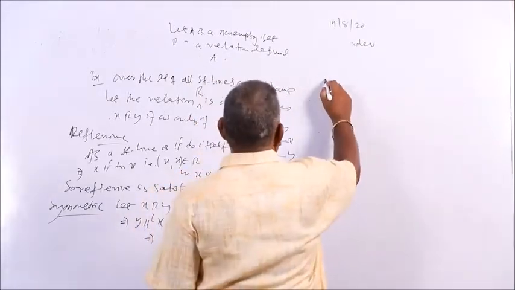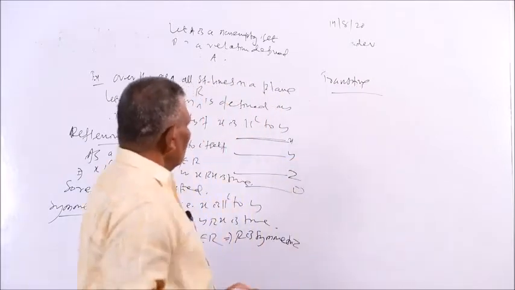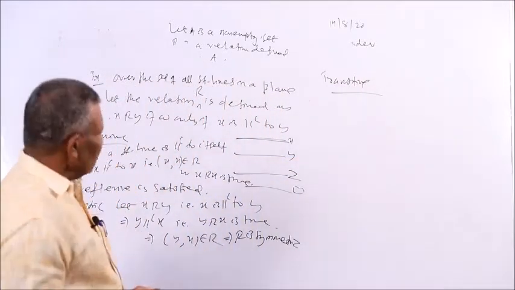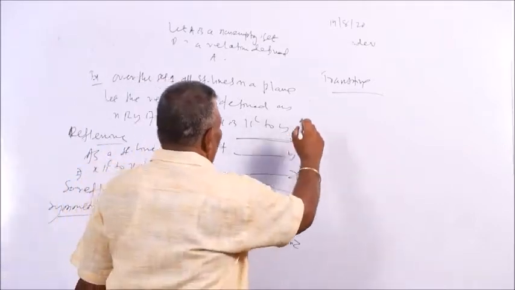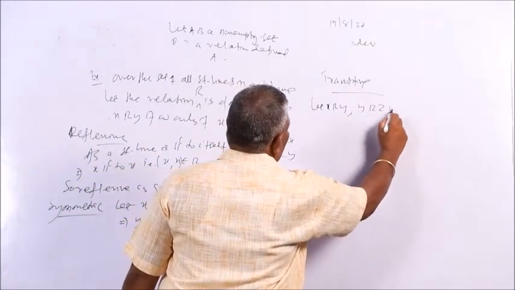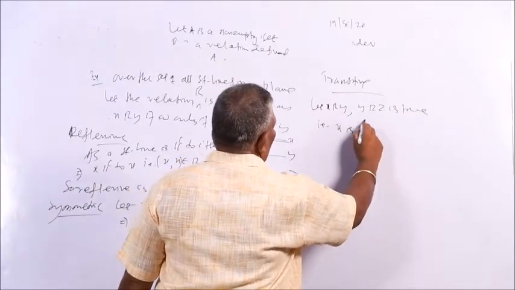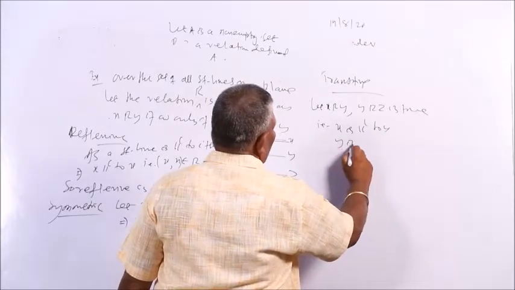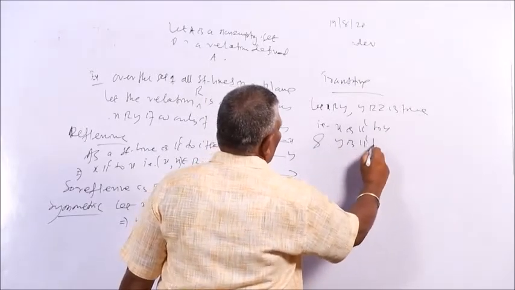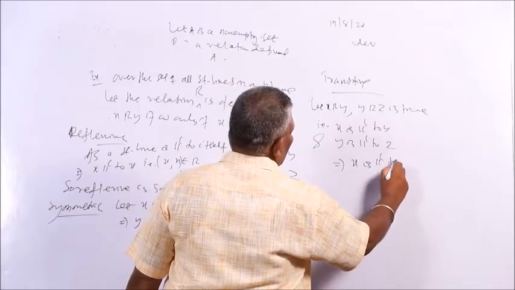Next, transitive. Let us consider three straight lines x, y, z. Let x R y and y R z be true, that is, x is parallel to y and y is parallel to z. That implies x is parallel to z.